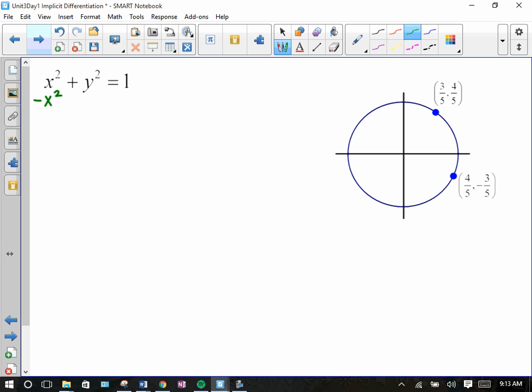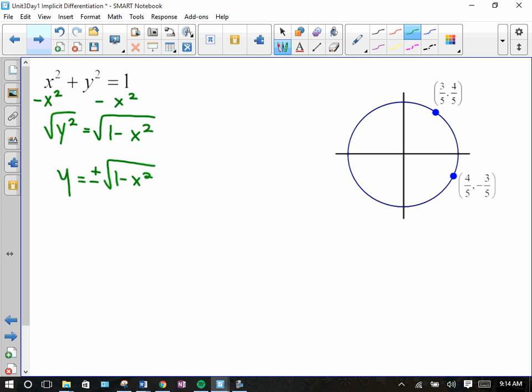We just subtract x squared from both sides. We get y squared equals 1 minus x squared. And then take the square root. And we get y is equal to, now it's not just the square root of 1 minus x squared, it's going to be plus or minus, positive or negative square root of 1 minus x squared.